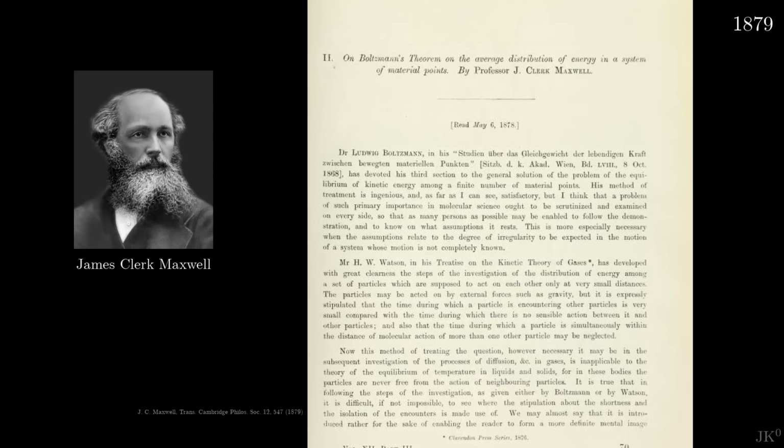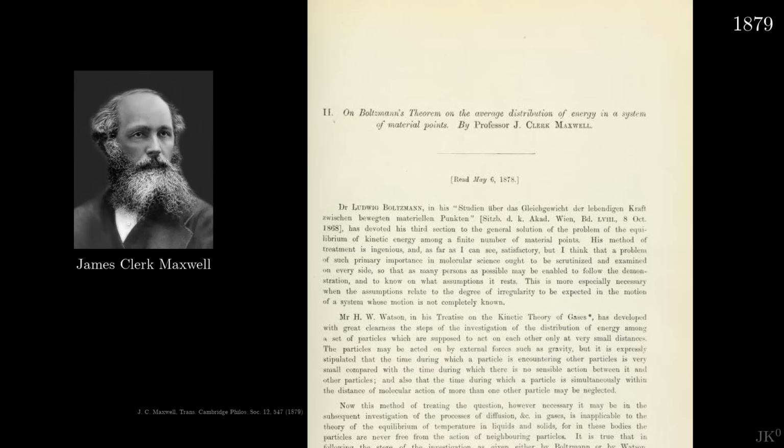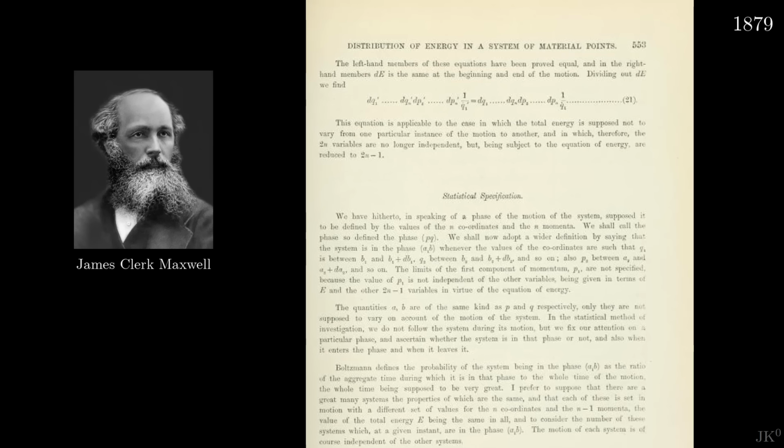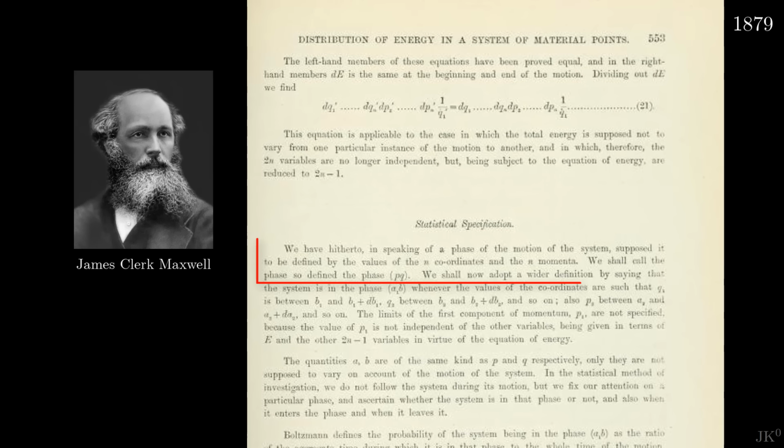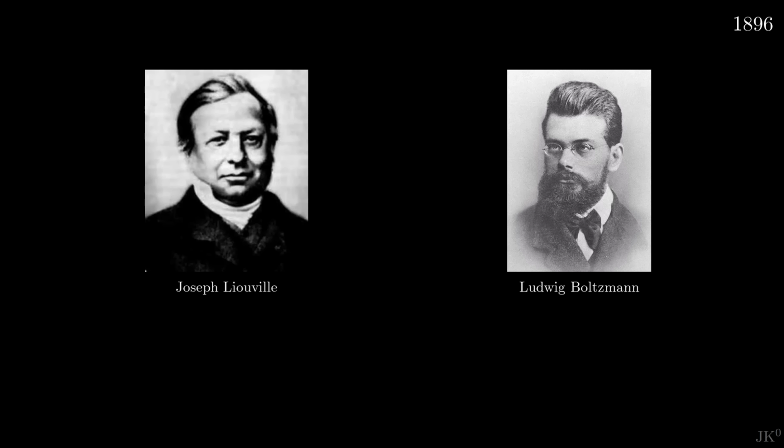Maxwell published in 1879 a paper about Boltzmann's work on energy distributions, in which he emphasized that phase is the word to describe the n-coordinates and n-momenta of a system. Boltzmann published his lectures on gas theory in 1896, where he credits Liouville for the discovery of conservation of volume in phase space.